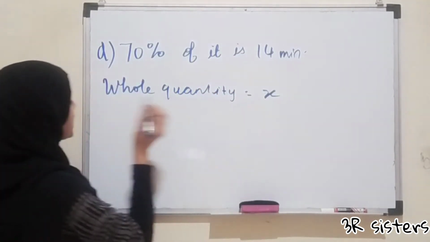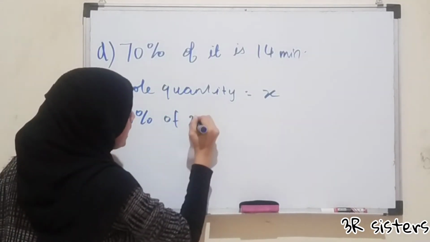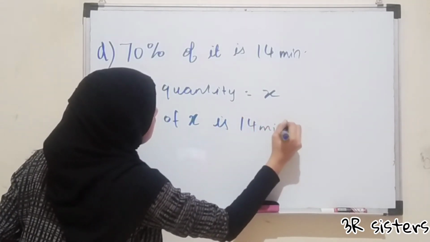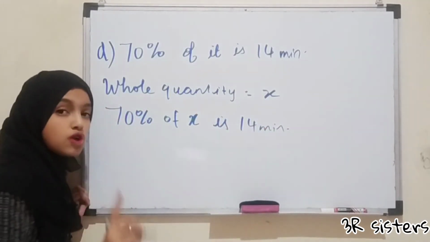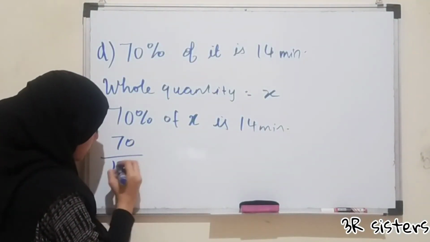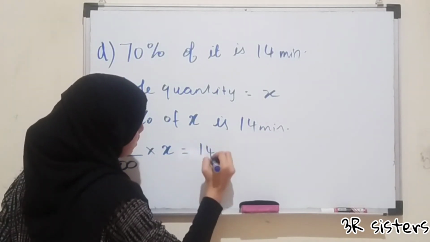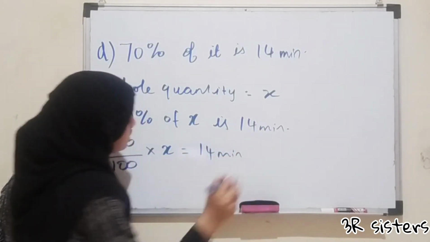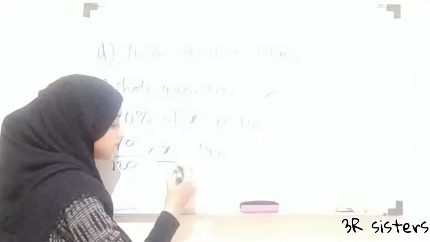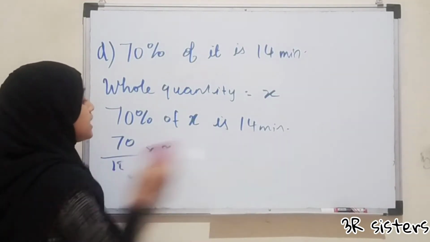Okay, now the question will change. 70% of x is 14 minutes. Okay, and when we solve, the problem will change to 70 by 100 into x is equal to 14 minutes or 14. Okay, now we find the quantity for this x. Okay, how will we find it?